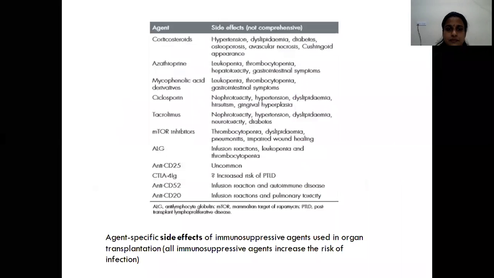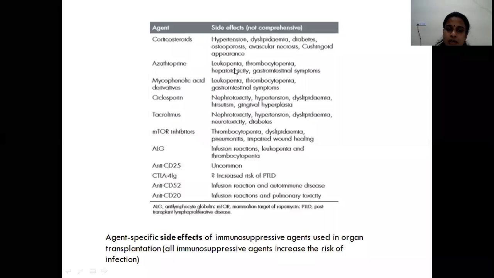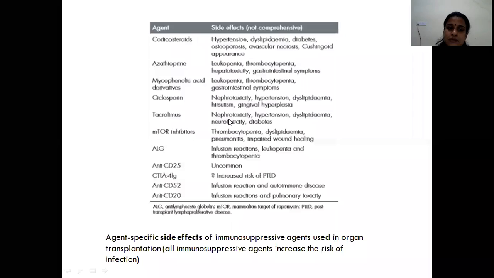Okay, so you should remember the potent side effects of each immunosuppressive agent. Azathioprine causes bone marrow suppression, very important. Cyclosporin is again nephrotoxic; cyclosporin and tacrolimus are nephrotoxic. mTOR inhibitors cause dyslipidemia, pneumonitis, and thrombocytopenia.